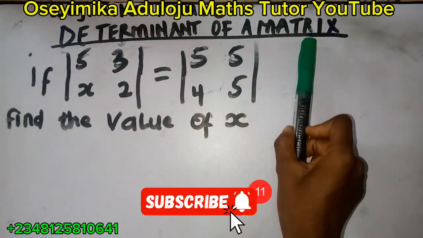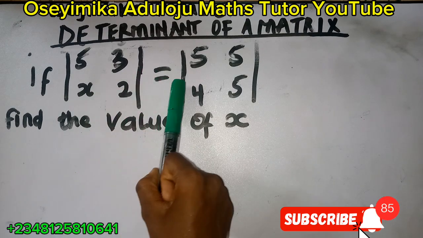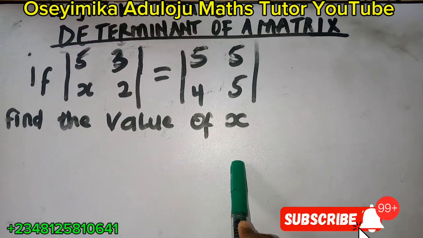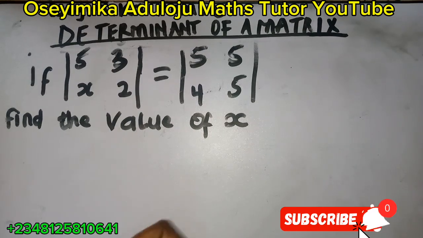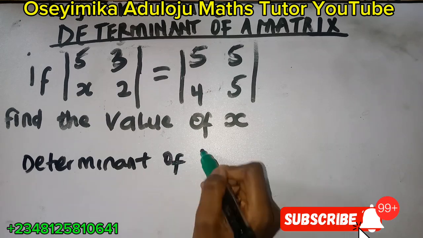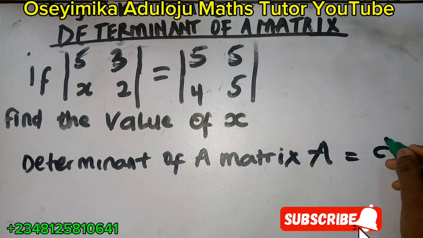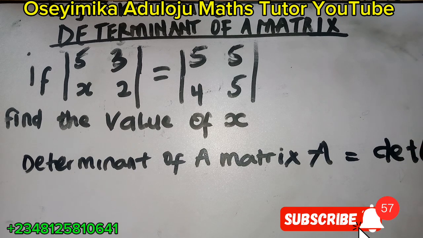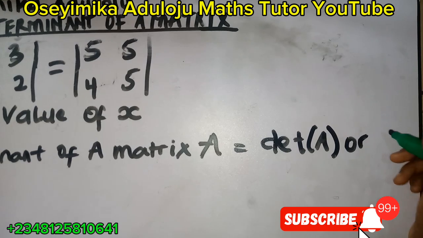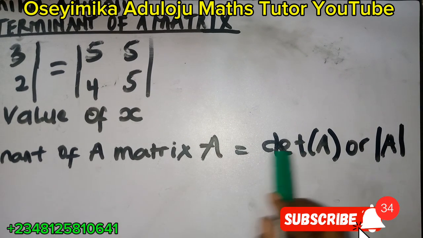Determinant of a matrix. The question says if the determinant of this equals the determinant of this, we should find the value of x. So the determinant of a matrix, let's say A, is denoted by det A, or the absolute value of A. So when you see det A, we're asked to find the determinant.